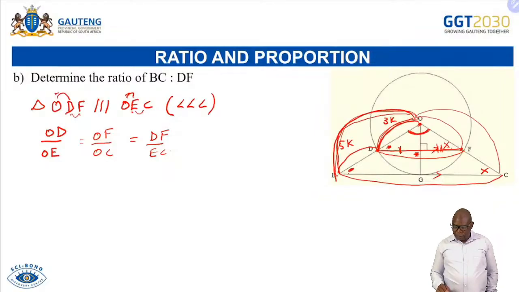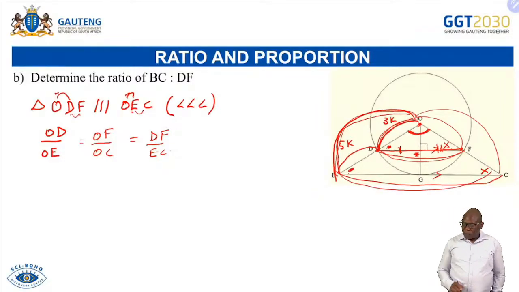Then we're going to have DF over EC. Okay, so now how am I going to write down BC?